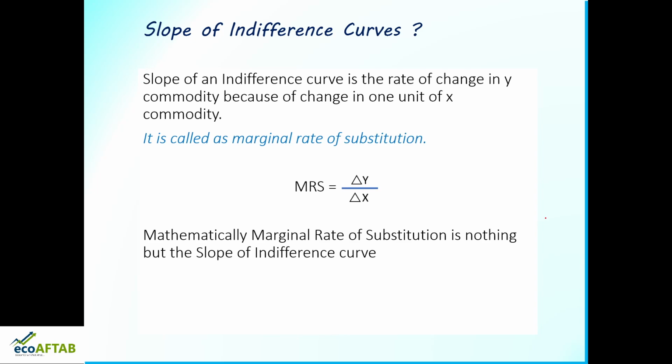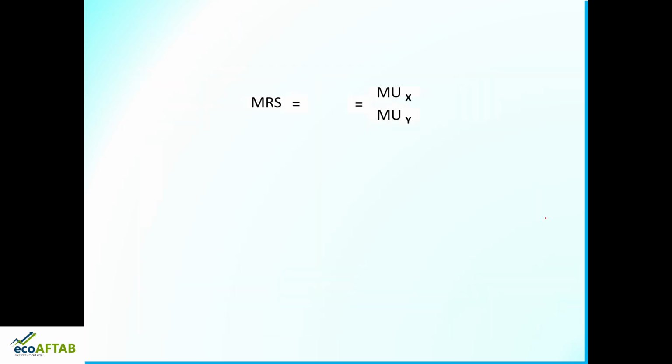So this is what is the background. Now we will see an interesting part, that is relationship between MRS and marginal utility. So you can see I have already presented over there, marginal rate of substitution between X and Y is equal to something which is equal to marginal utility of X divided by marginal utility of Y. Can you fill in the blank?